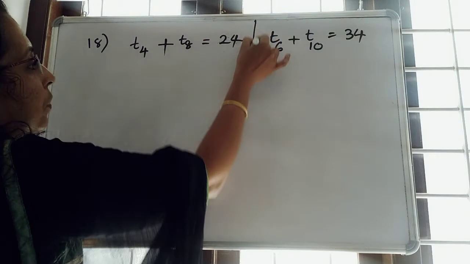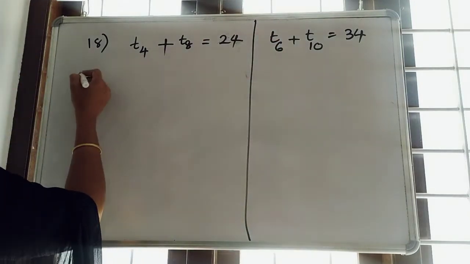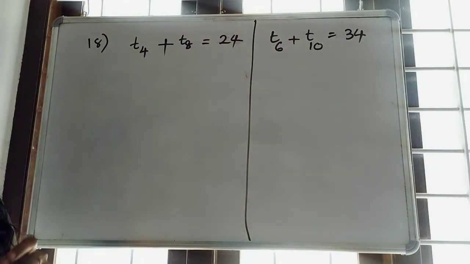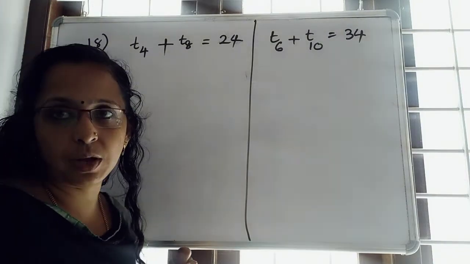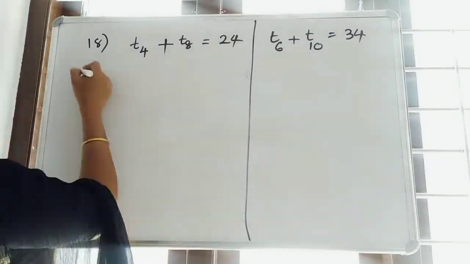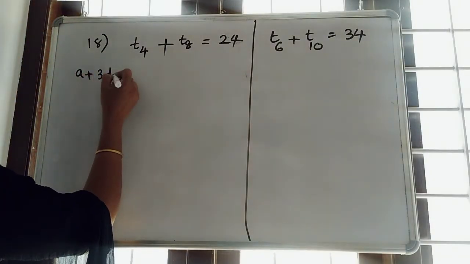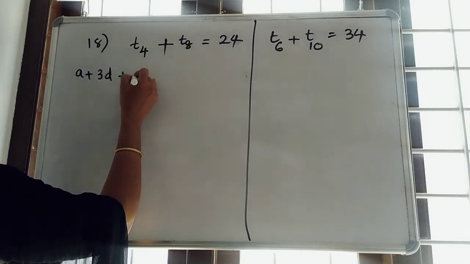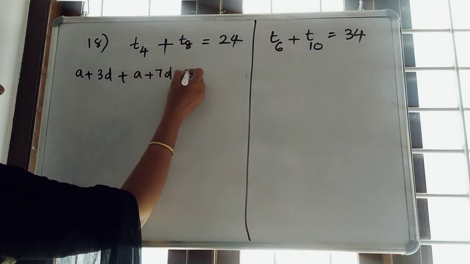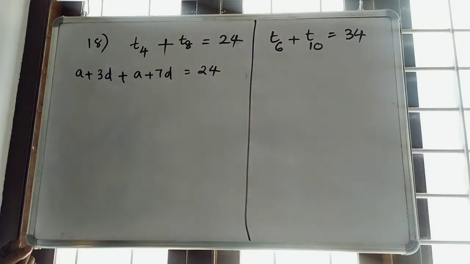So we can do it separately. Tn is equal to A plus n minus 1 into D. So T4 we can write as A plus 3D, plus T8, which is A plus 7D, is equal to 24.